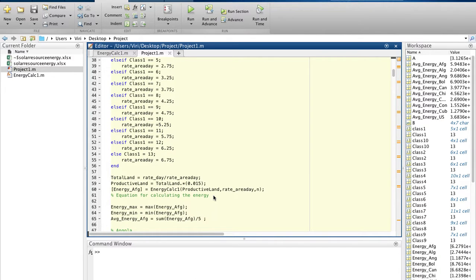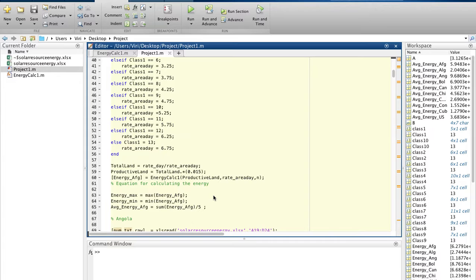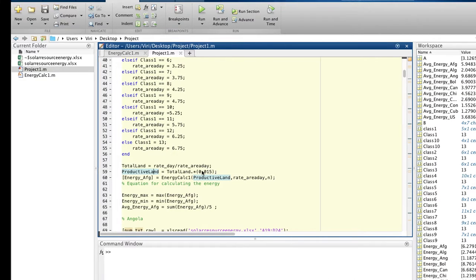The total land is needed to calculate the energy, so we did that by dividing the rate per day by the rate area day. And then the productive land we calculated by multiplying the total land by 0.015, which is 1.5%.